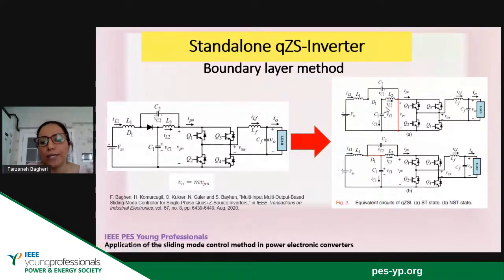These two situations are the shoot-through state and non-shoot-through state. When we have shoot-through state, the input voltage is 0. When we have non-shoot-through state, the input voltage of the H-bridge has a value. So I can say that it is a challenging power electronic converter. Why? Because our input voltage is not a constant value. It is like a pulse, because the input voltage, or VPN, is a pulse.